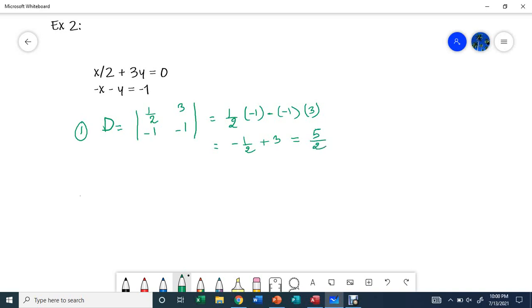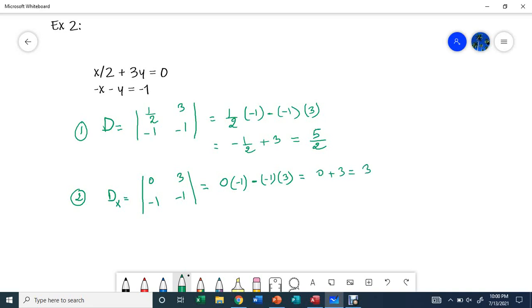And now step 2, Dx. So replacing the coefficients of x with the constants, so 0 and negative 1, and nothing changes on the y side, so 3 and negative 1. So the determinant will be 0 times negative 1 minus negative 1 times 3. So it will be 0 plus 3, which is 3.